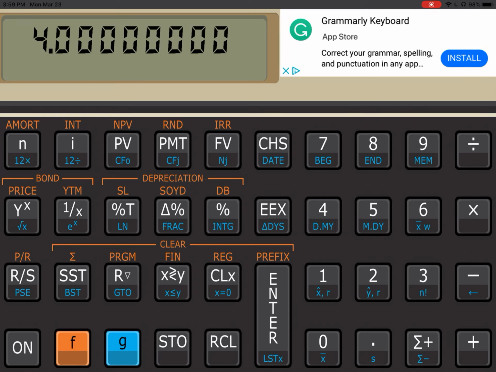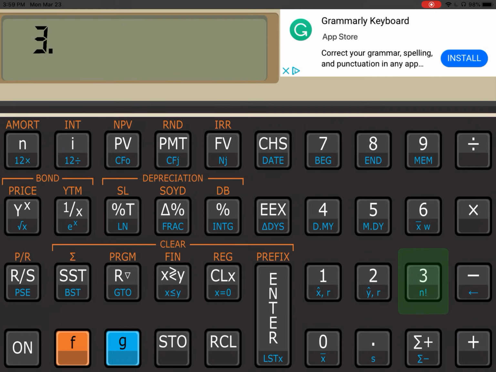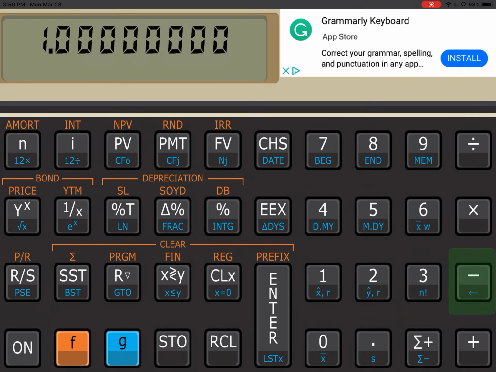If you wanted to subtract 3 from 4, you would press 3 minus and you'd wind up with 1. So just real quickly, those are the functions for how to add, subtract, multiply, and divide. We'll walk through some things that may help you in that regard as far as actual problems are concerned. Again, F clear X, G clear X, and we have everything cleared out.